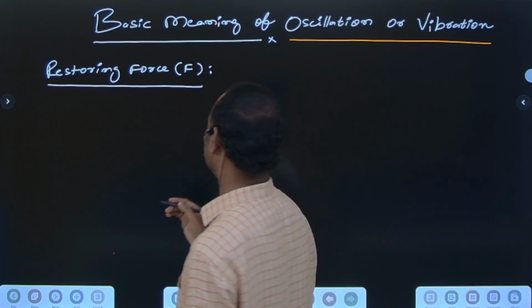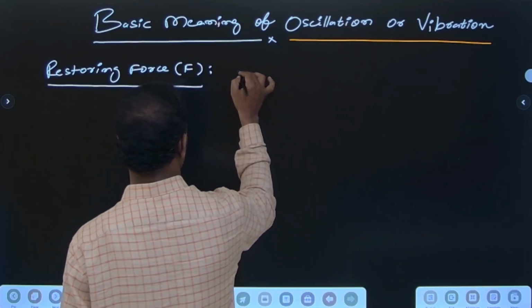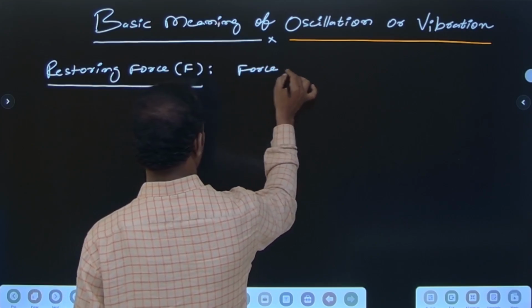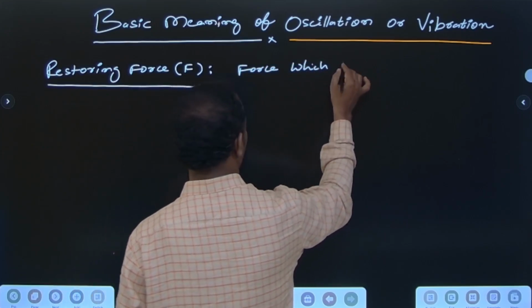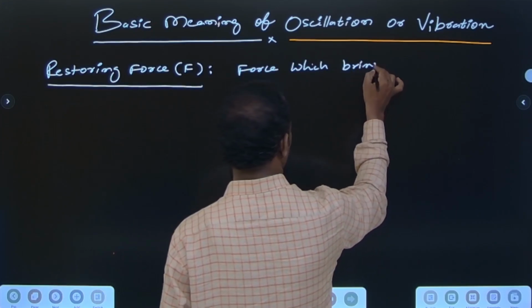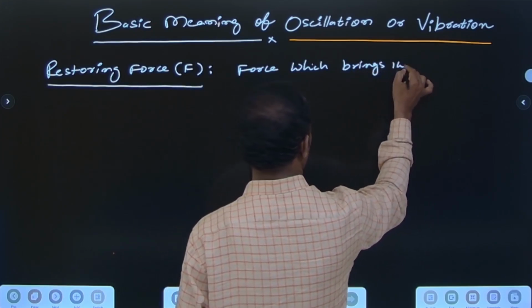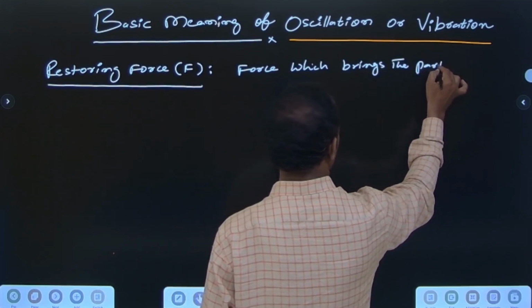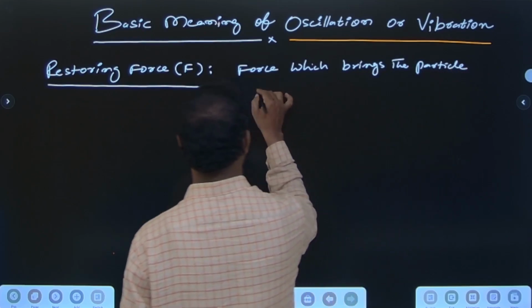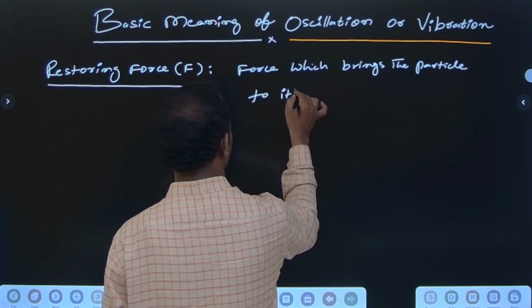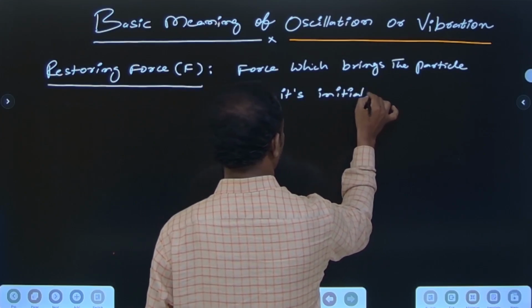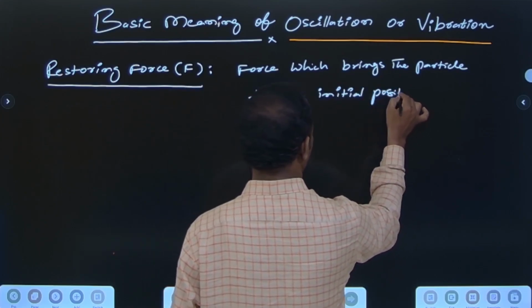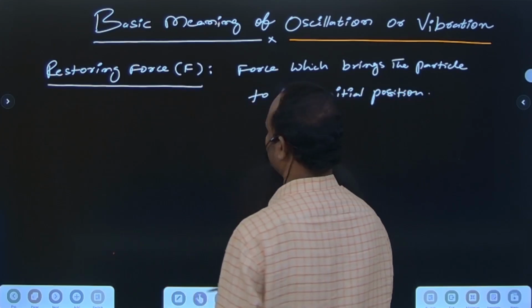Which brings back means what? The force which brings the particle to its initial or original position.